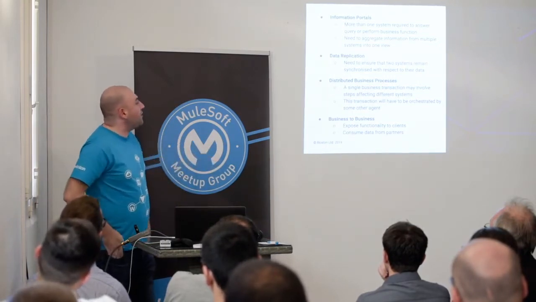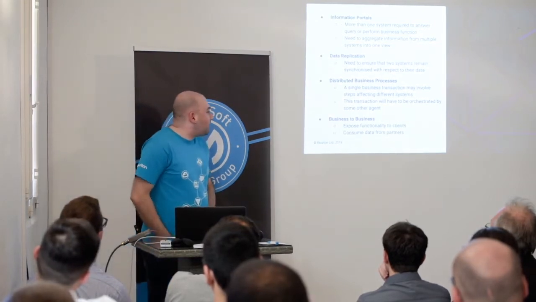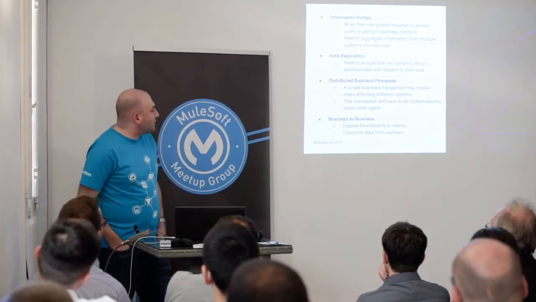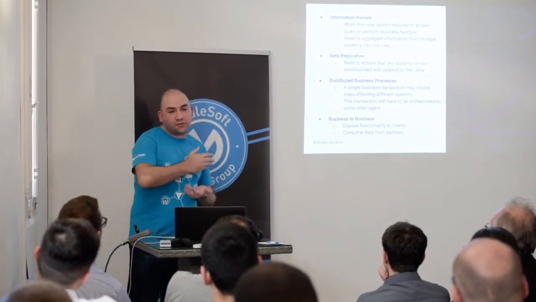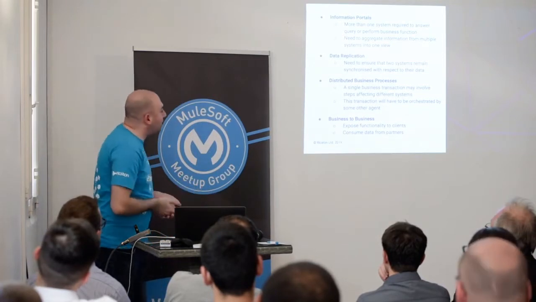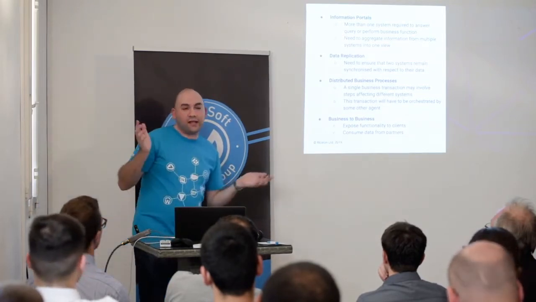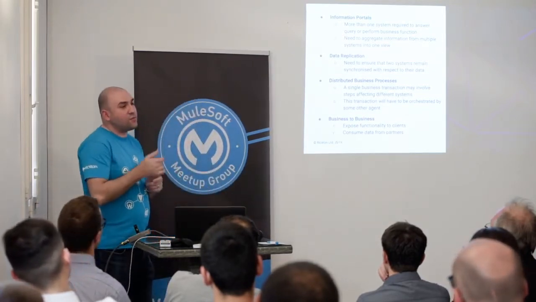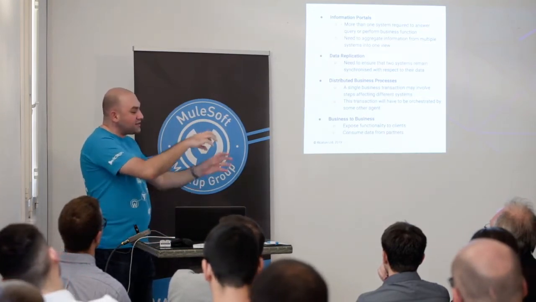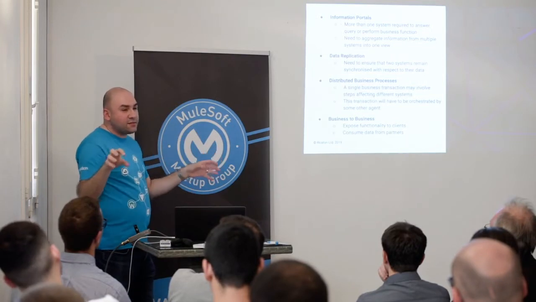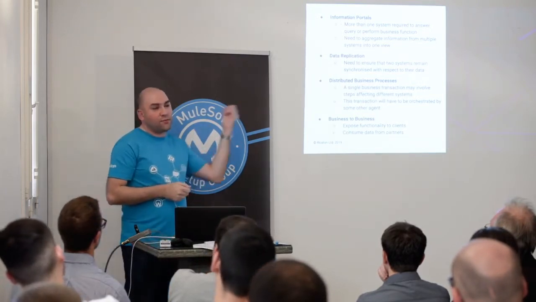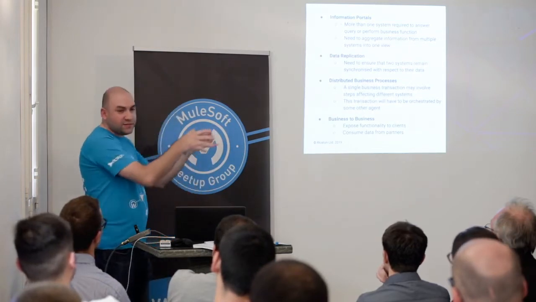And then you have something more complex, what's called the distributed business process. This is a transaction which will span multiple systems. Imagine you're a retailer and someone orders some stuff. This will involve multiple steps, which affect multiple internal systems. You have to add the order to one system of the enterprise.